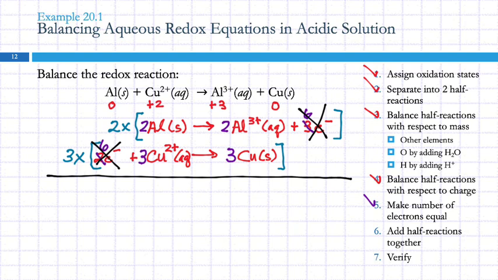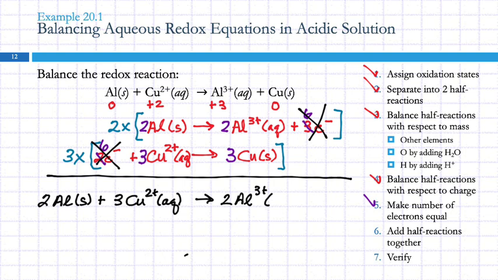So 2Al solid plus 3Cu2+ aqueous is going to make 2Al3+ aqueous plus 3Cu solid. Add them together. Any questions?